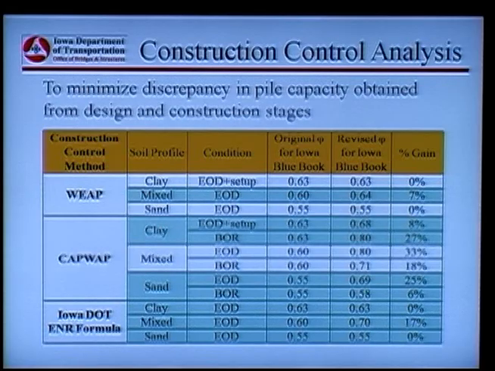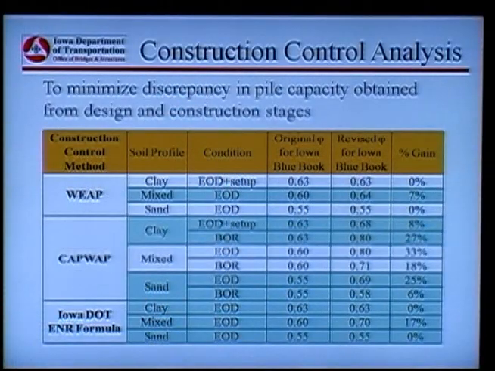Because both capacities are estimated by different methods, it's bound to have discrepancy in terms of matching the capacity. So what we try to do is minimize that. I'm not going to go through that analysis process. It's described in your volume 3 if you're interested to know how it was performed to come up with all these numbers.